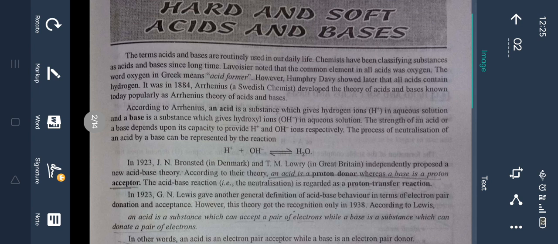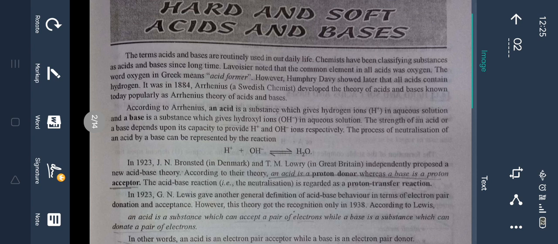The strength of an acid or a base depends upon its capacity to provide H positive or OH negative ions respectively.